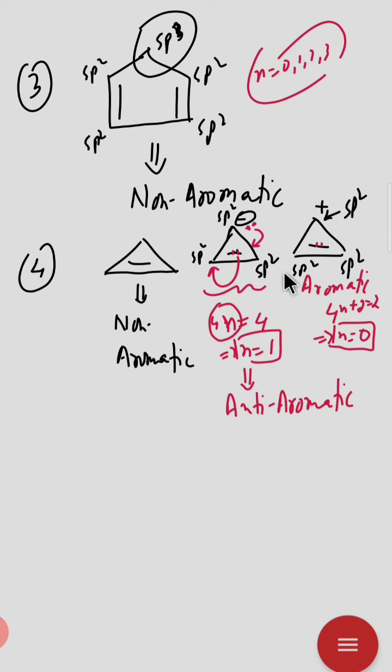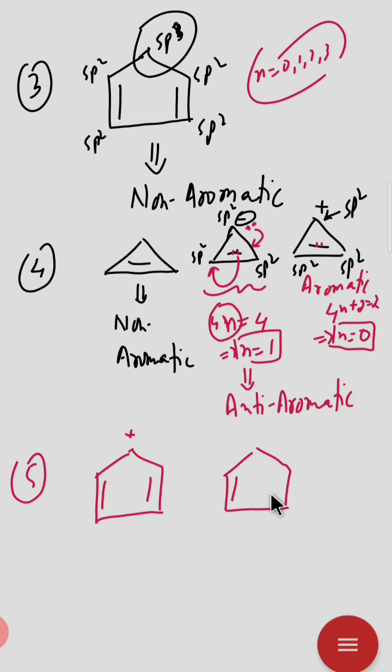And in the stability order, this compound is quite stable because it is aromatic. Let me take the next set of examples. Suppose a five-membered ring has a double bond and one sp3 hybridized carbon, so it is non-aromatic. Let me take a carbocation here, with double bonds and a positive or negative charge, or a lone pair.